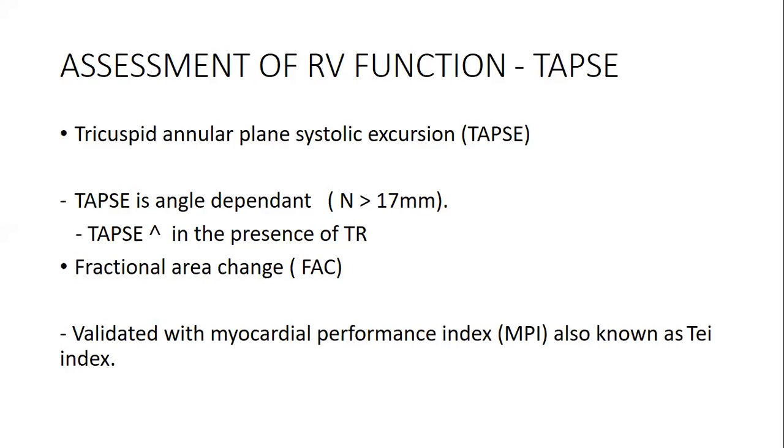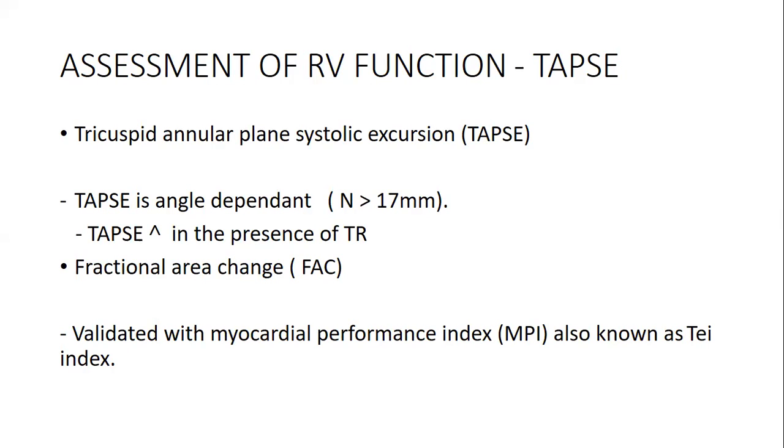It has also shown quite a strong correlation with the Simpson method, where we use the M mode to quantify the function of the right ventricle. But why am I discussing TAPSE? Because it's one of the simple ways of checking right ventricle function. So you do it with Doppler. You get your apical 4 chamber, a good standard apical 4 chamber, and you put your M mode.